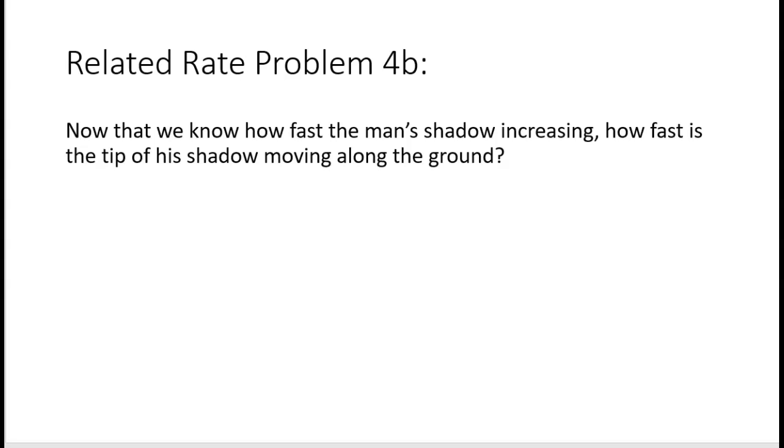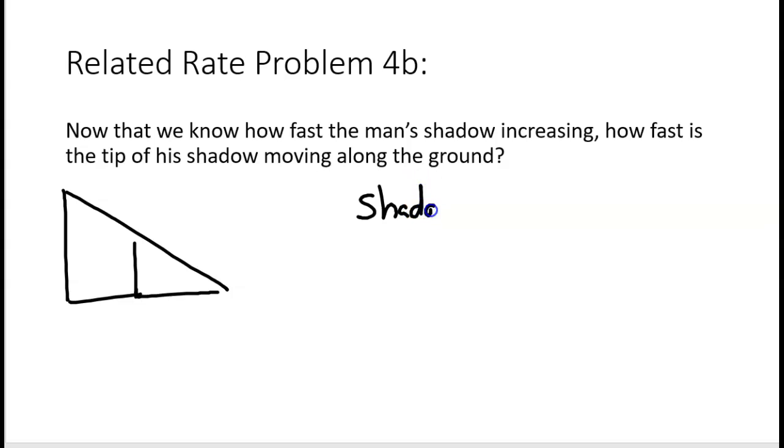The reason why that's a little bit tricky is because the man's shadow has a rate at which it's growing, right? We just talked about that. The man's shadow is growing at a certain rate. And the rate at which that shadow is growing is causing the tip of the shadow to move, right? But that's not the only thing causing the tip of the shadow to move.